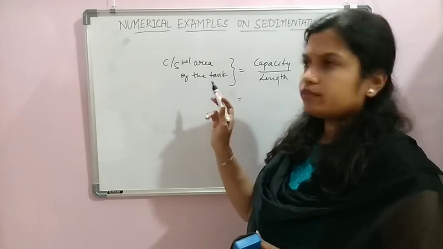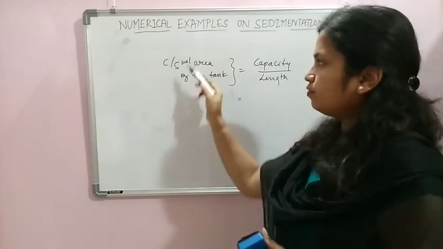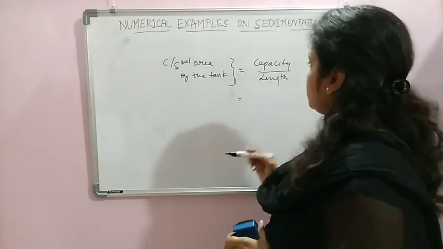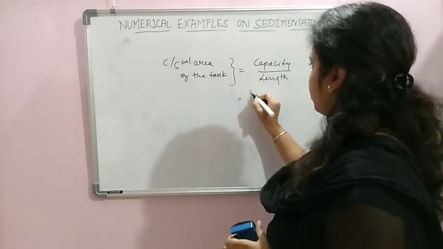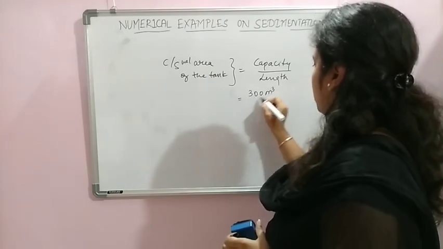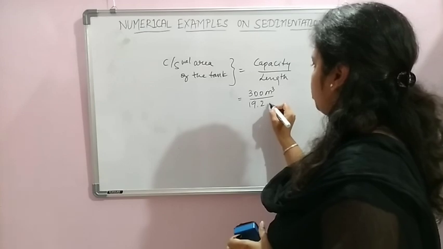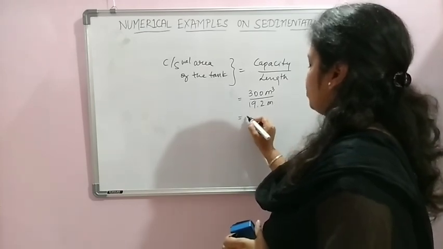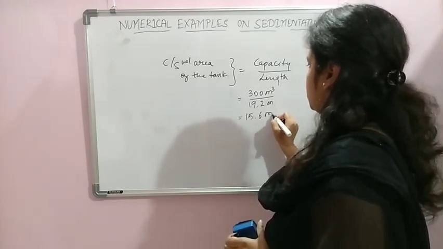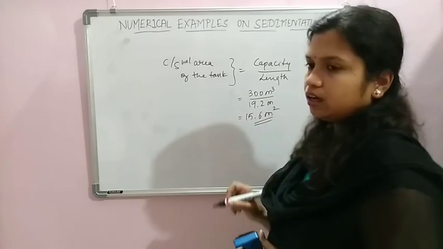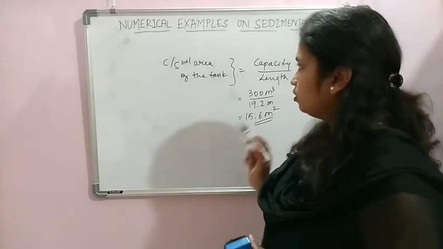Now since we have the data for capacity and the length, we can find the cross-sectional area of the tank. Let us substitute the capacity, 300 meter cube, and the length, 19.2 meter. We get around 15.6 meter square as the cross-sectional area of the tank.